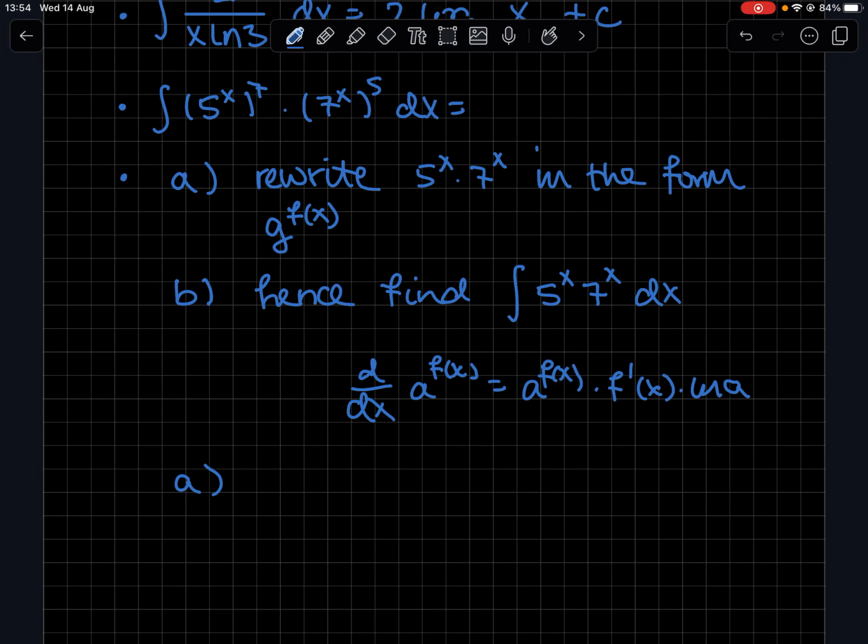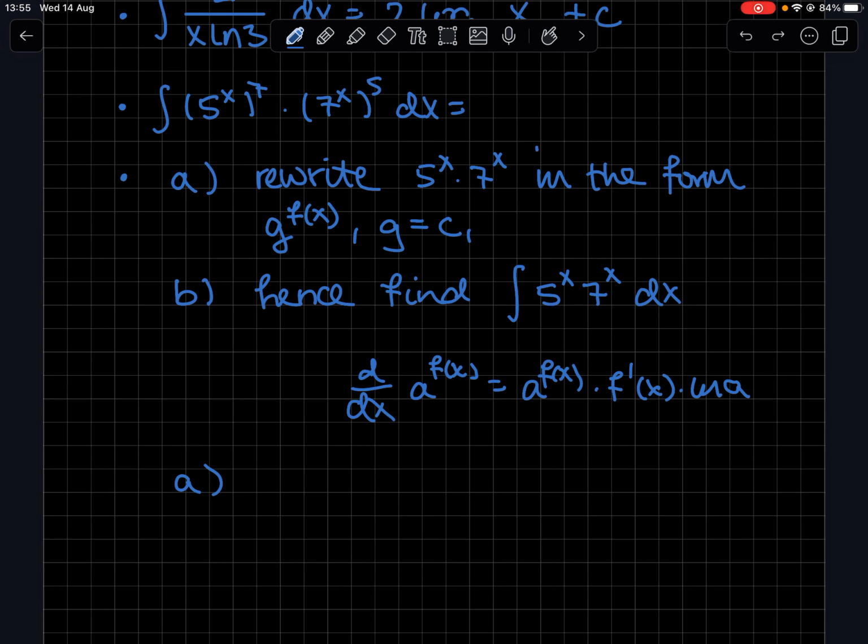And I should specify here that g is a constant. Okay? And this A part specifically doesn't have much to do with calculus. It's just manipulating using exponent laws. But it's used for part B to determine an integral.